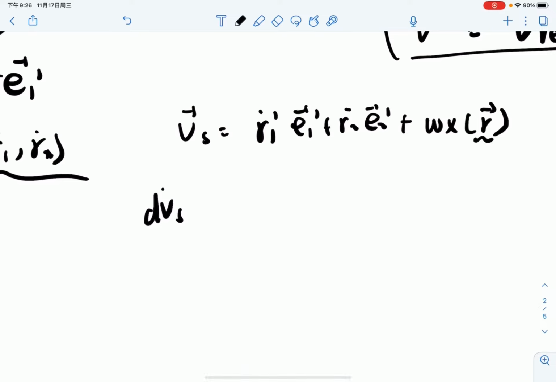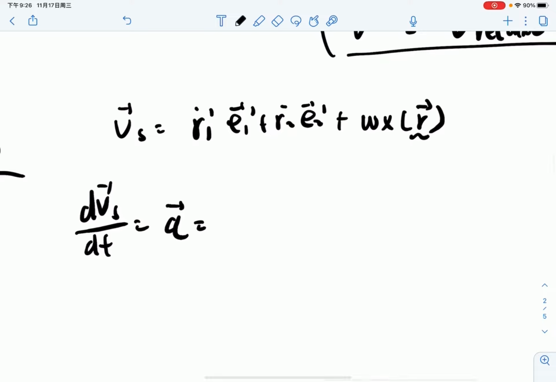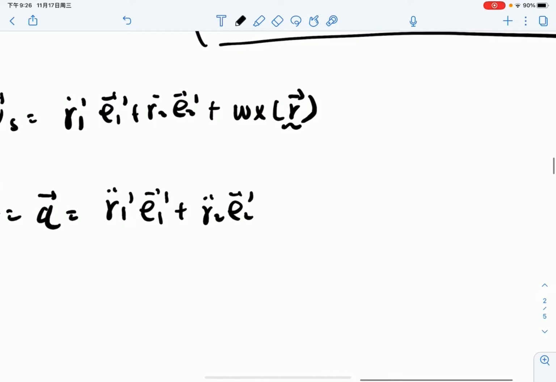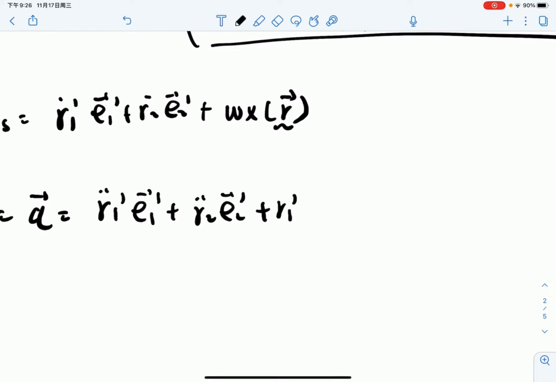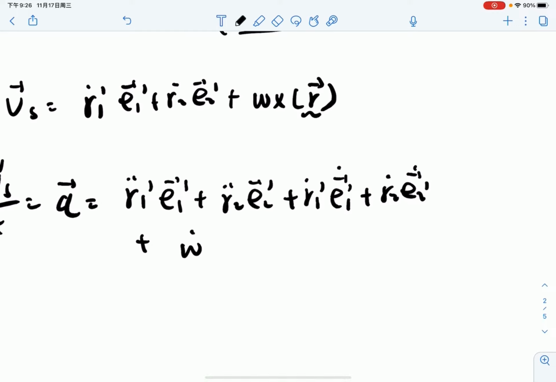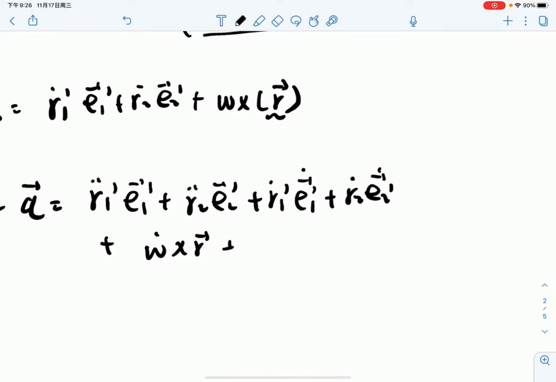So dV/dt is equal to a, and R1 double dot E1 plus R2 double dot E2, plus R1 dot E1 dot and R2 dot E2 dot, plus W dot cross R, and plus W cross R dot.